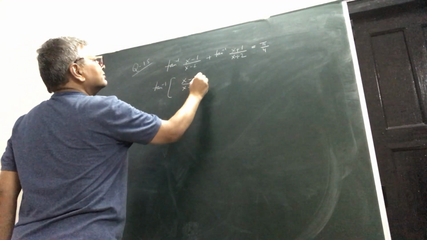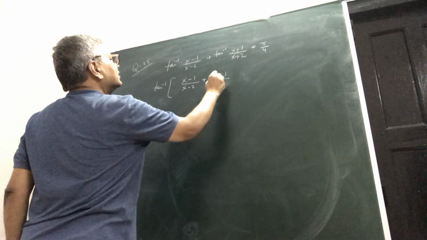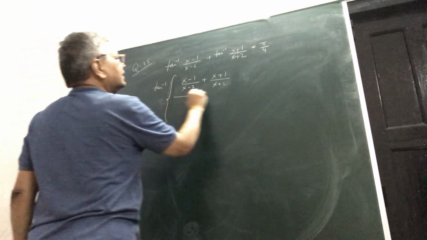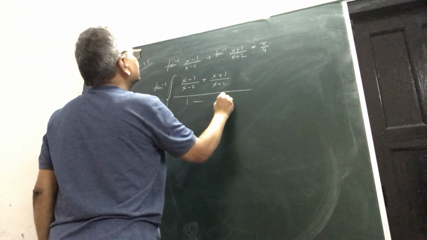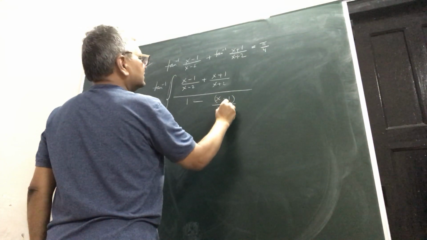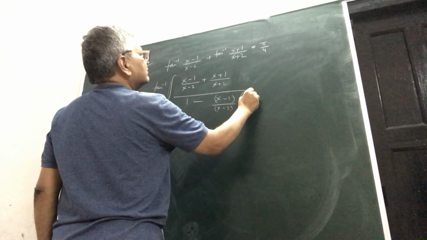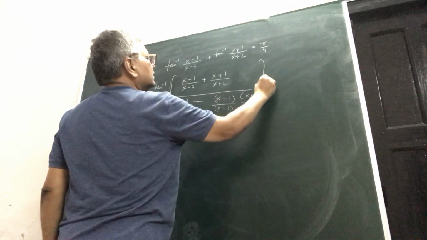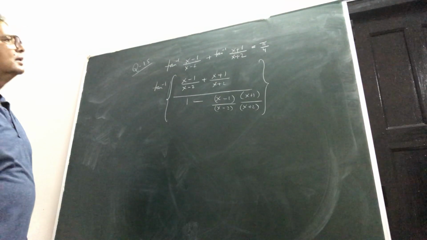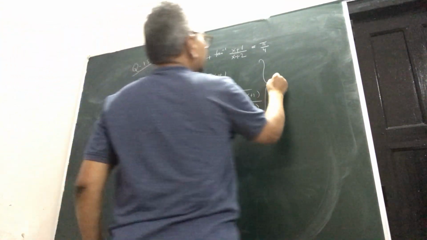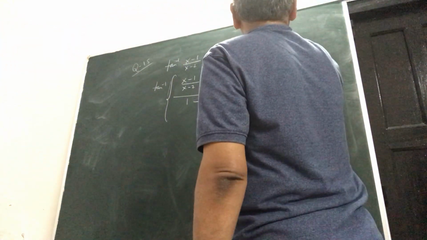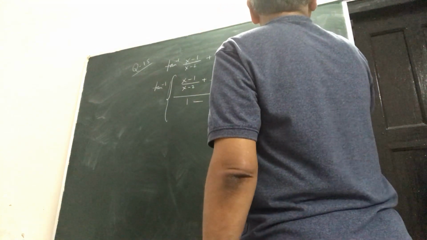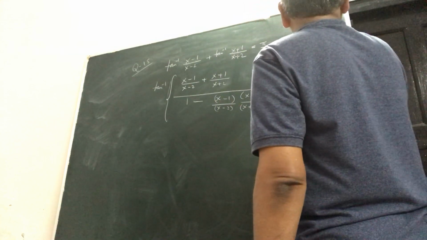X minus 1 upon x minus 2 plus x plus 1 upon x plus 2, and then 1 minus xy, 1 minus x minus 1 upon x minus 2 times x plus 1 upon x plus 2. This whole lot. Let us simplify this thing. So this simplification will give me what here? It is tan inverse, yes, it is x plus 1, x plus 2.